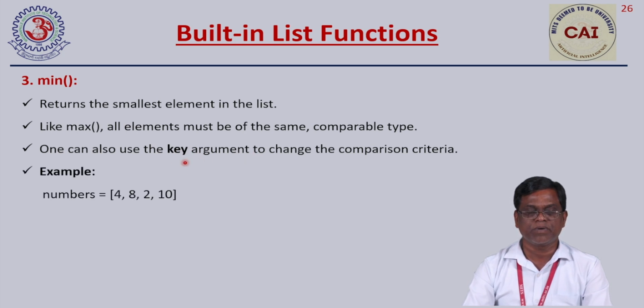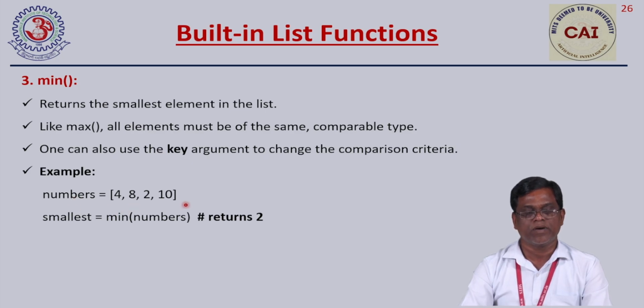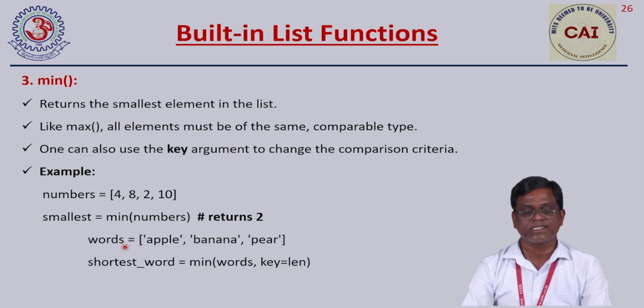Here is an example to understand it. See here, numbers equal to 4, 8, 2, 10, and I apply the min function on this list. Among this list the minimum value is 2, and that 2 is returned here. Similarly, I have another list, words, with names like banana, apple, and so on.